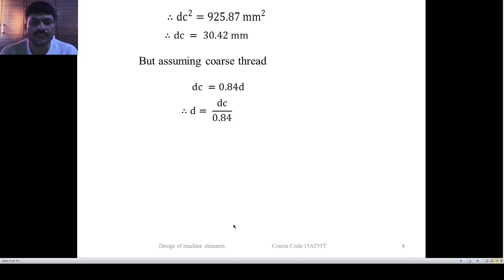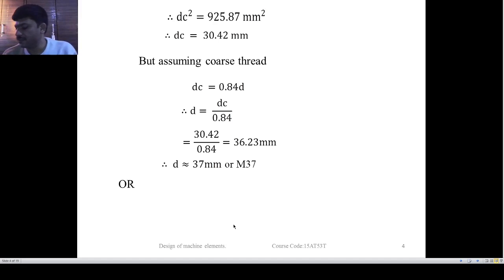Substituting dc equal to 30.42 divided by 0.84, we get nearly 36.23 mm, or d is nearly 37 mm.